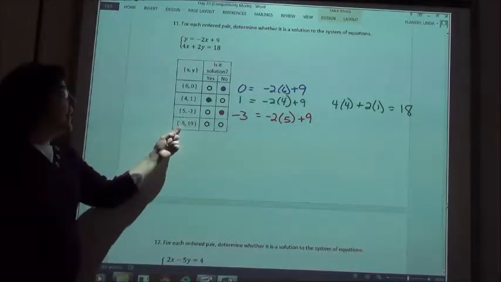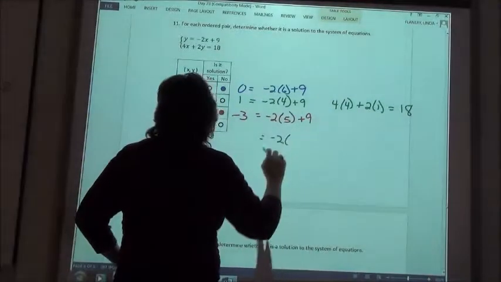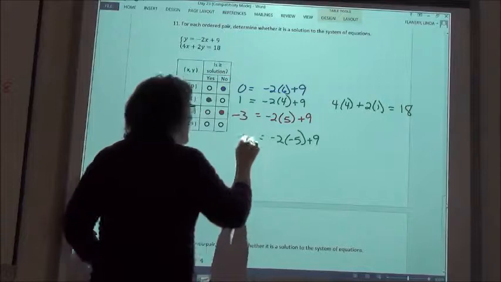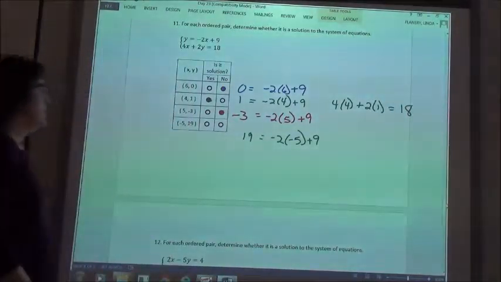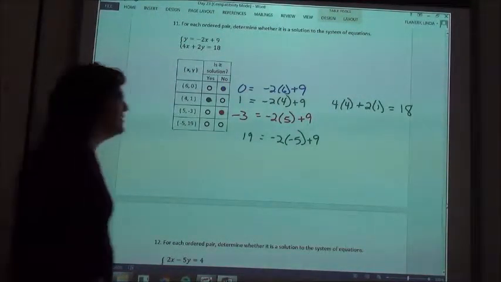And then we can check that last point. So negative 2 times 5 plus 9, does that equal? So that one worked on the first line, so we got to check the second line.